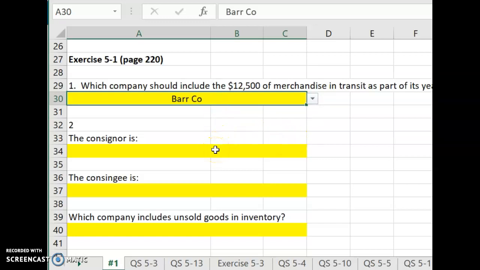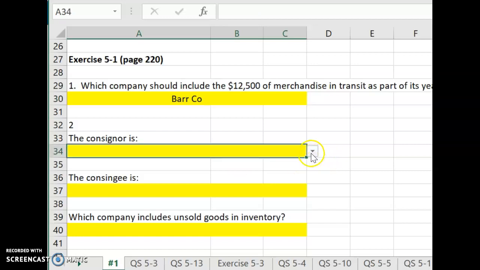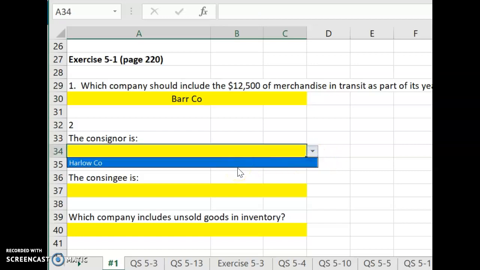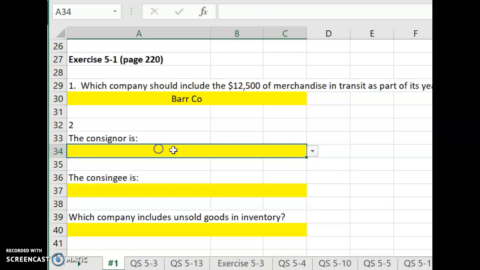In number 2, Paris Company shipped goods to Harlow, who arranged to sell the goods for Paris. So Paris is a consignor, Harlow is the consignee. The consignor is Paris.